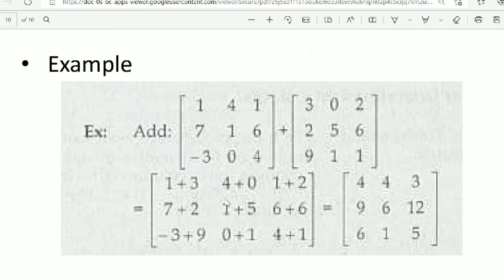That is simply arithmetic. 1 plus 3 is equal to 4. 4 plus 0 is 4. 1 plus 2 is 3. 7 plus 2 is 9. 1 plus 5 is 6. 6 plus 6 is 12. Negative 3 plus 9 is 6. 0 plus 1 is 1. 4 plus 1 is 5.